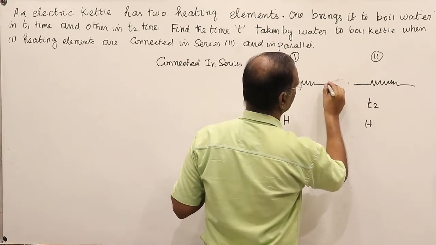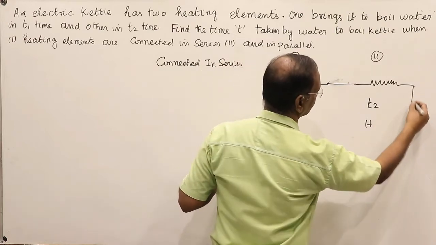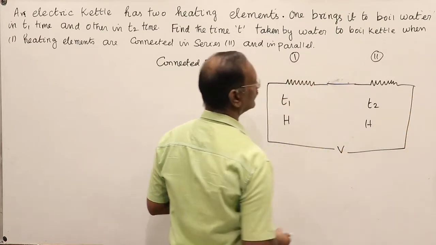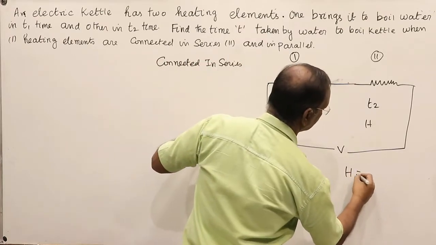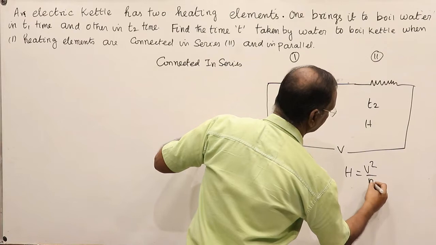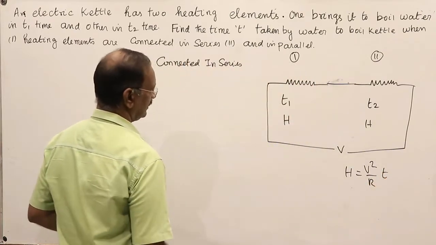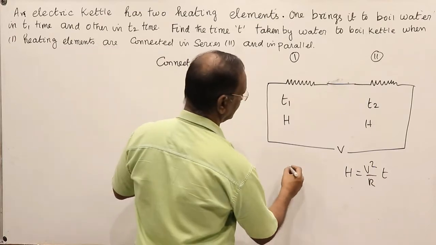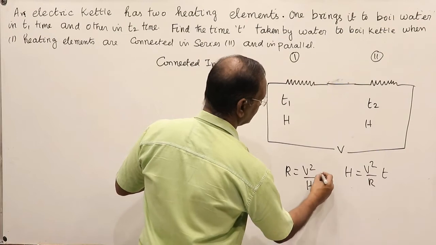We know the heat produced is V square by R, that is power into time. H is equal to V square T by R. From here, R is equal to V square T by H.